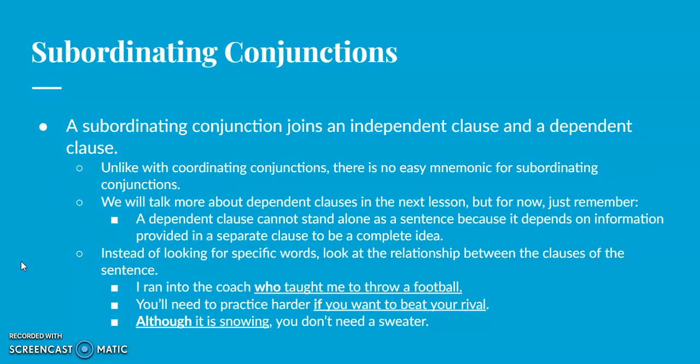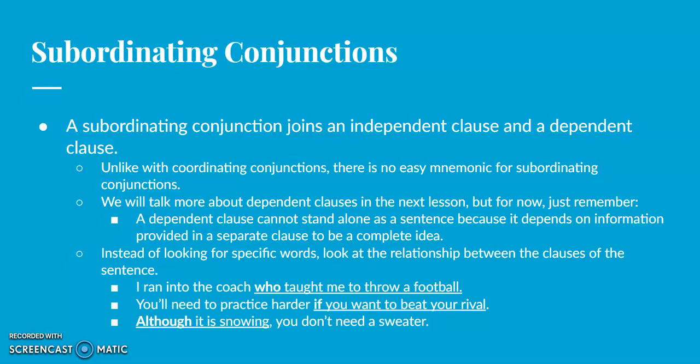Subordinating conjunctions are the reason that, when we were looking at clauses, the dependent clauses were also sometimes called subordinate clauses. A subordinating conjunction joins an independent clause and a dependent clause, hence subordinate. Now, there's no easy mnemonic or short list to memorize with subordinating conjunctions the way there is for coordinating conjunctions.